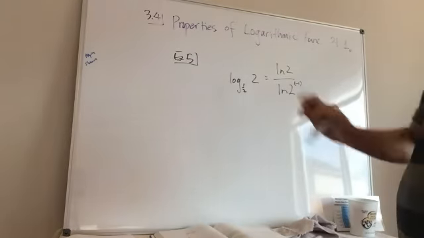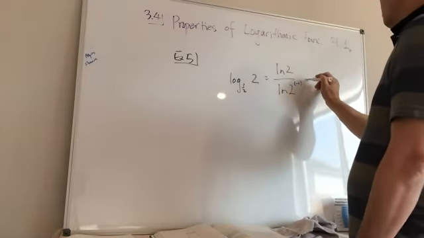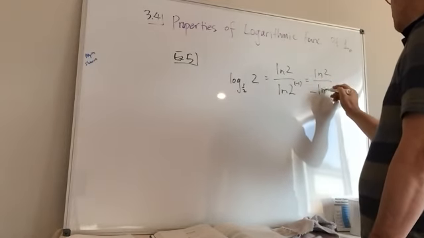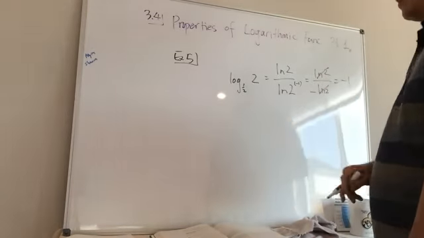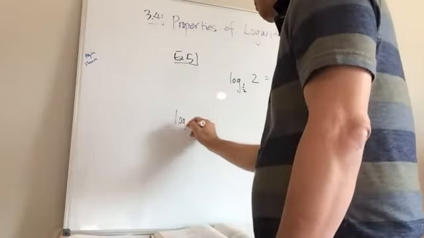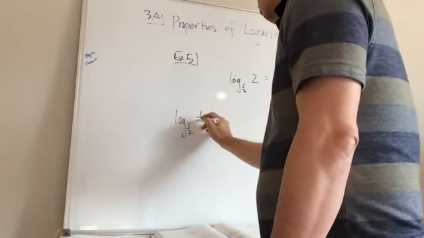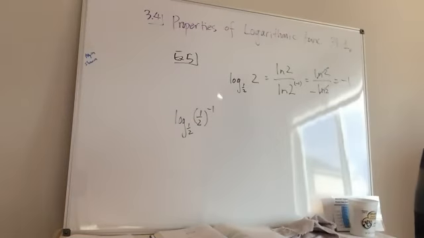Because it's the reciprocal number. So the -1 goes forward. It becomes natural log of 2 over negative natural log of 2. These two cancel out. -1, which makes sense, right? Because if you look at this, the base is 1/2, and 2 is 1/2 to the -1, right?